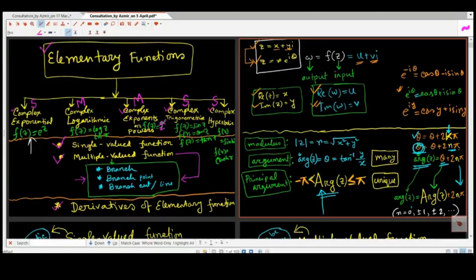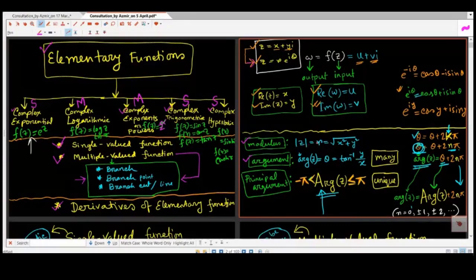So before starting our main discussion, we have to recall whatever we have learned from our previous lessons. So we know that any complex number z equals x plus yi. So this is the rectangular form. And this same complex number can be written in polar form, r e to the i theta, where r is the modulus and theta is the argument.